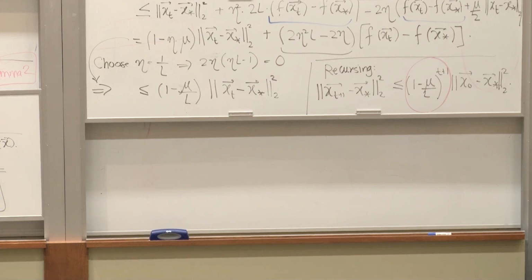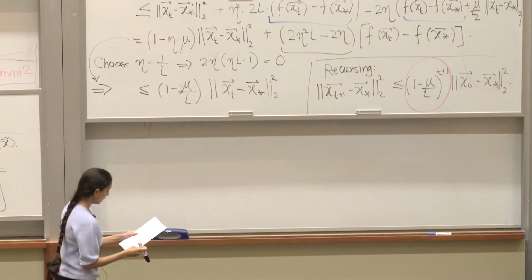If I have m data points, I have to do order m computations to get this loss function, or to compute the gradient, I have to compute A transpose times my entire vector. So there's a lot of computation that needs to be done there.